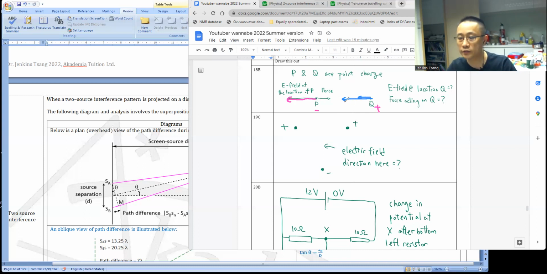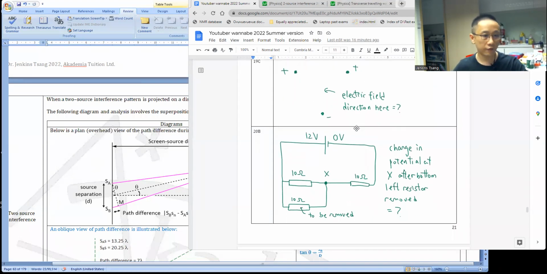You can also realize that the field line acting on a positive charge, for which Q is, means that the force acting on Q should be in the same direction as the field. So either way, you should be able to deduce that both the field and the force on Q should be acting towards the left, making choice B the correct answer.